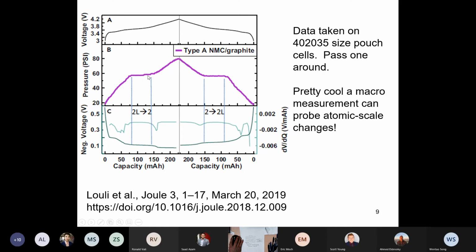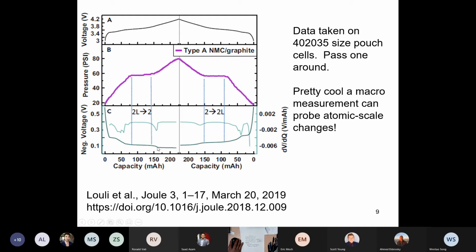So this is incredible that a macro measurement can probe these atomic scale changes. When you think about it, if you have any blood flow at all, this should really impress you. It's crazy, in fact.